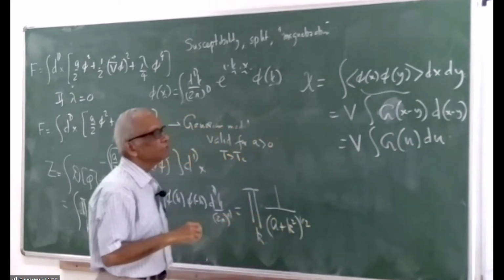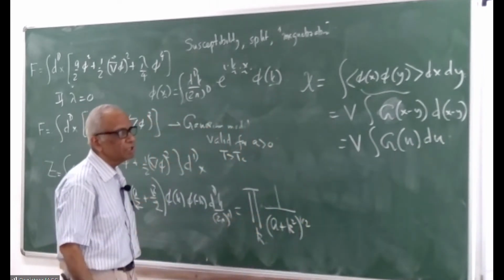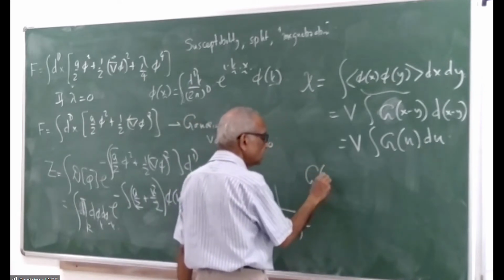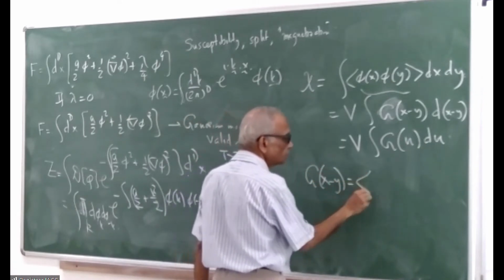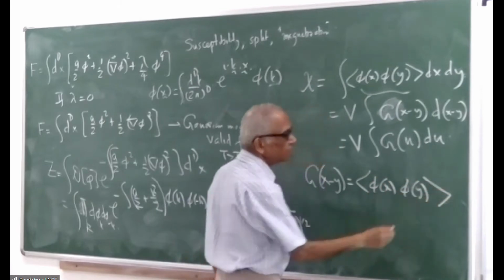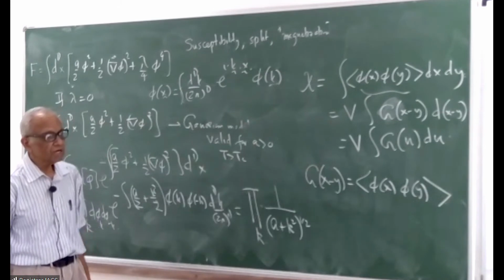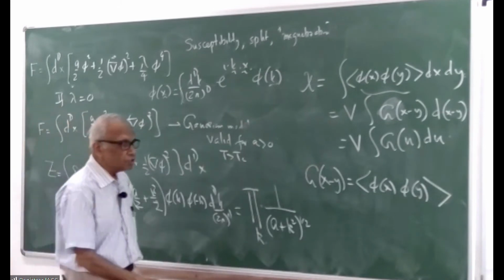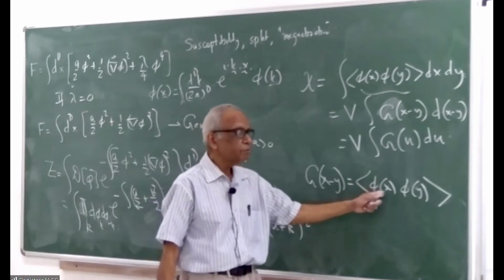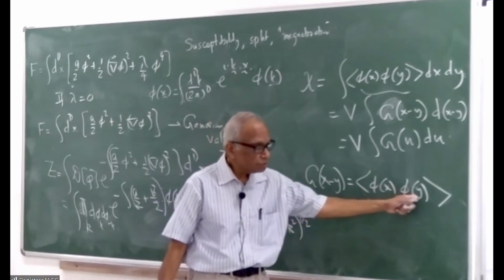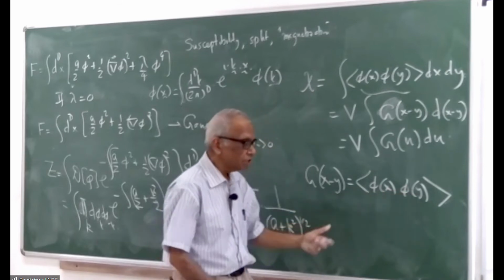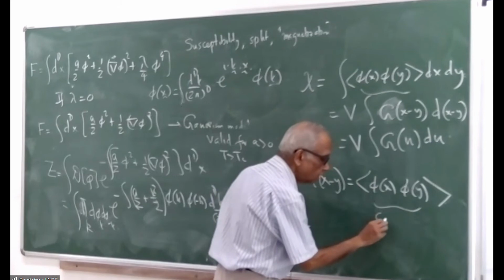So that's what the susceptibility is. I have to calculate G(x − y), which is the expectation value of φ(x) times φ(y), which is telling you how the field at point x is related to the field at y. So this is the correlation function.